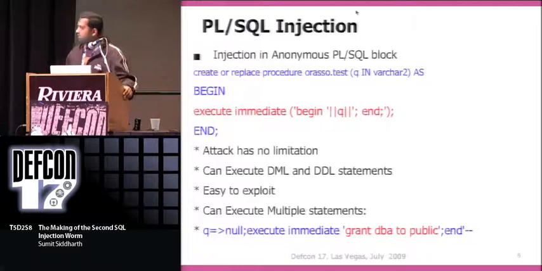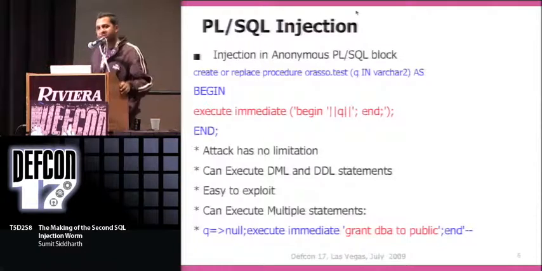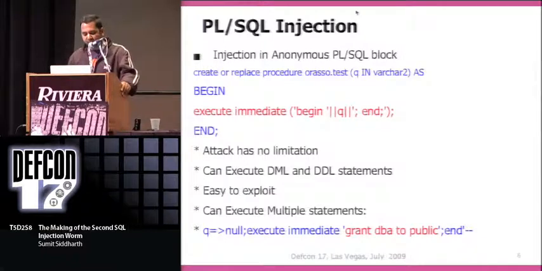So this is how a typical PL/SQL injection would look. Over here, I've created a sample procedure called aura_sso.test. It takes a variable, and that variable then gets embedded into a begin and end string, and it is used in the construction of an anonymous PL/SQL block, which then gets dynamically executed.